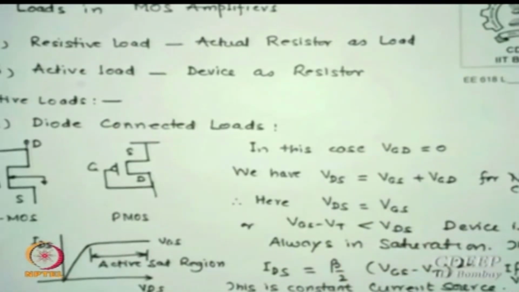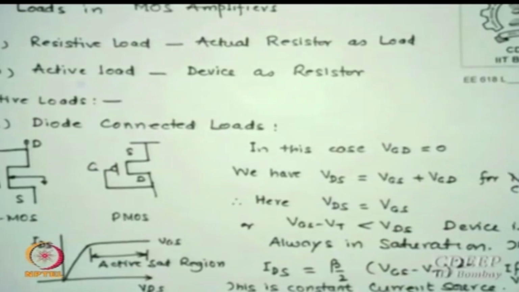So replacing a resistor by a transistor itself is called an active load. The resistor is now replaced by a device which acts like a resistor. These are called active loads because the transistor is an active device.